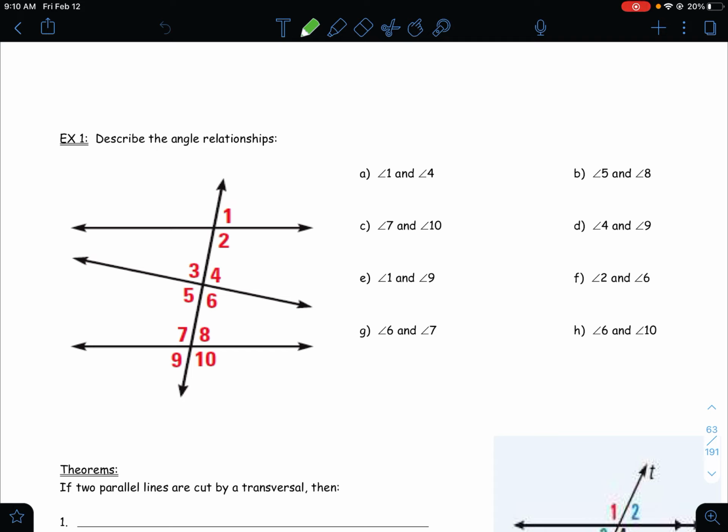So if we're looking here, for A it says 1 and 4. All right, so if we're looking at our note sheet, angle 1 and 4 are going to be corresponding. The reason I said that they're corresponding is because corresponding angles would look like that.